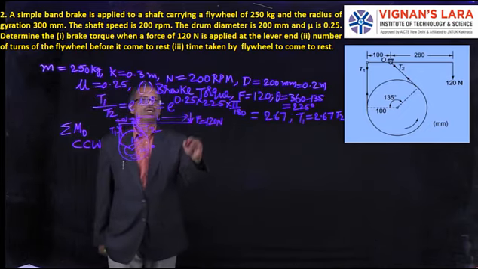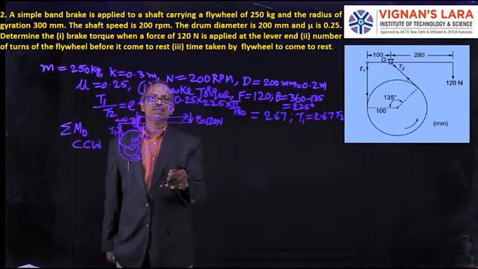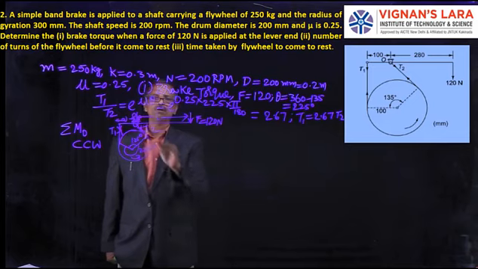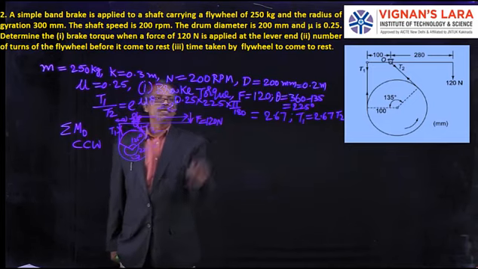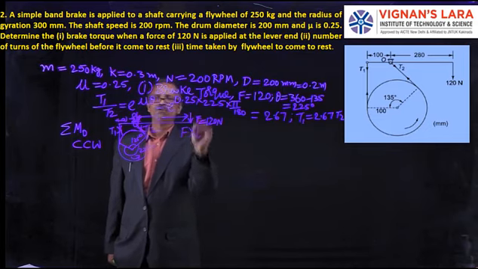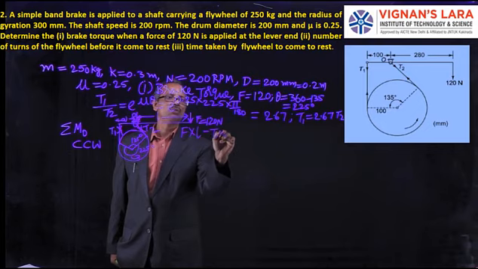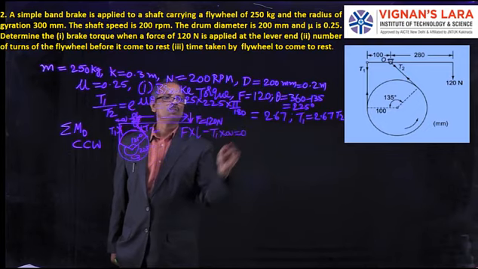This is the point of fulcrum O, and moments are taken at O. F into L is positive, then T1 into A becomes negative, and the sum is 0.